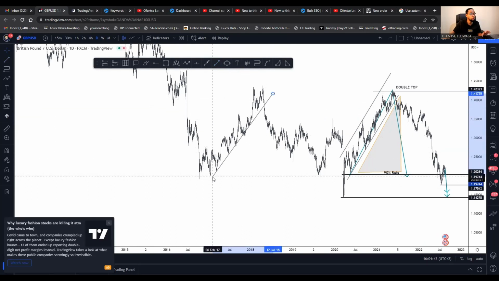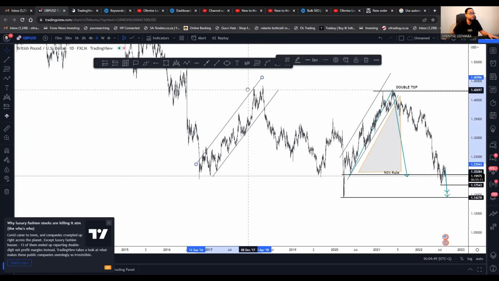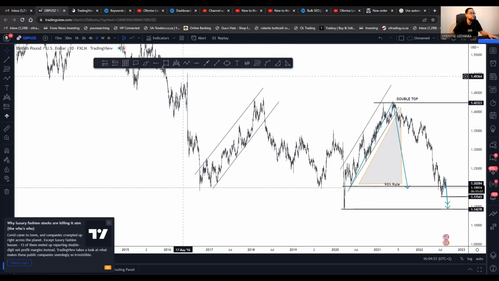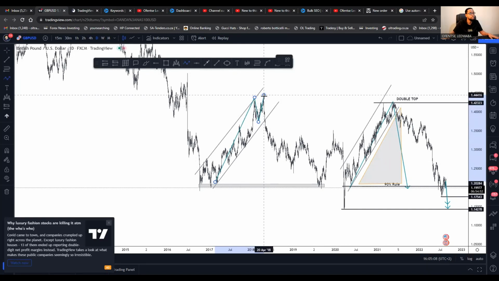I'm showing you on daily time frame, because a clearer vision is better, not having many candlestick formations. You can see our 90% rule was here. The market pushed up, formed this M formation or a double top, then came back to the 90% rule.